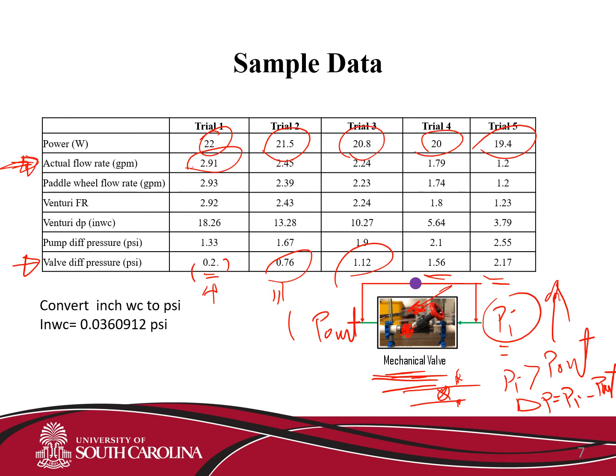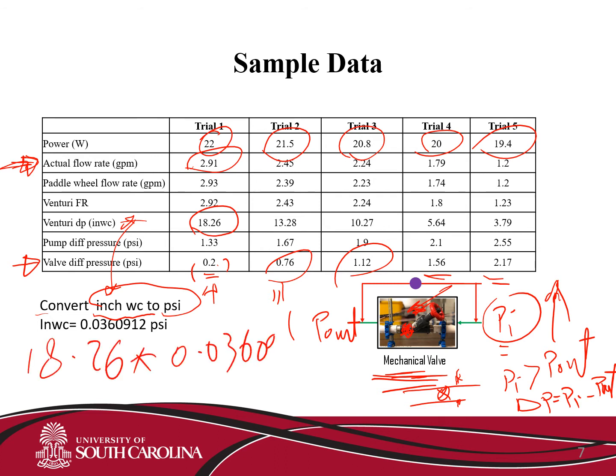Then I want to mention how to convert the Venturi delta P. Make sure to convert inch of water to PSI. So this value 18.26 times 0.036092 gives PSI.